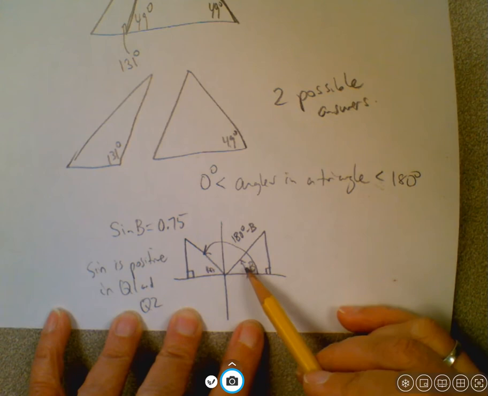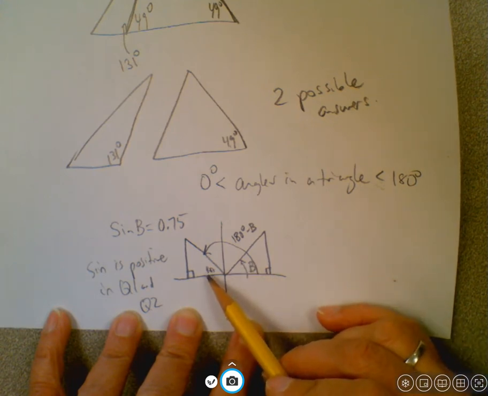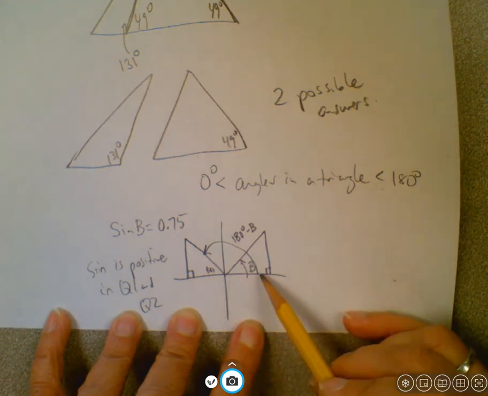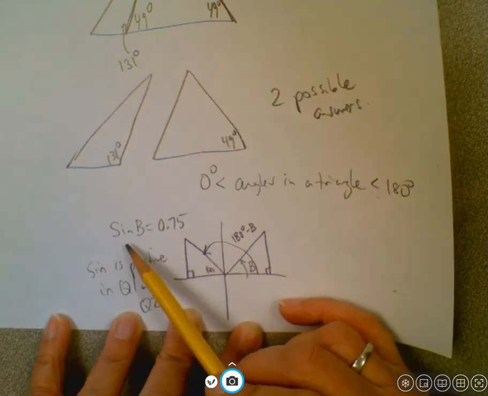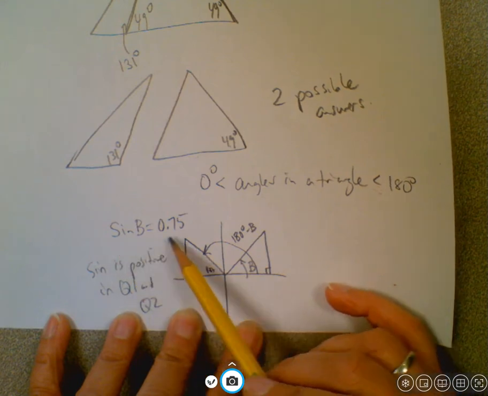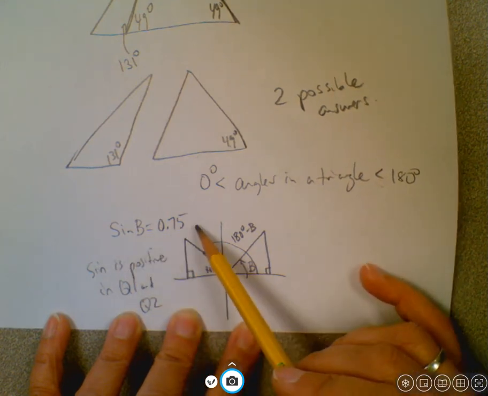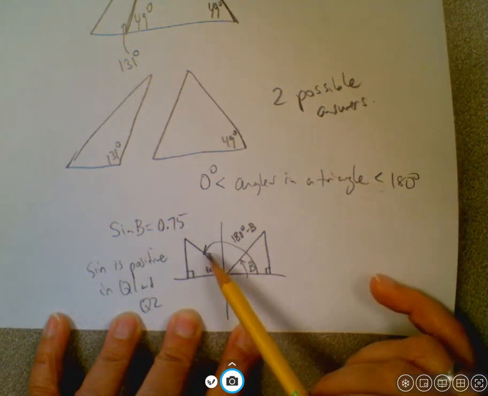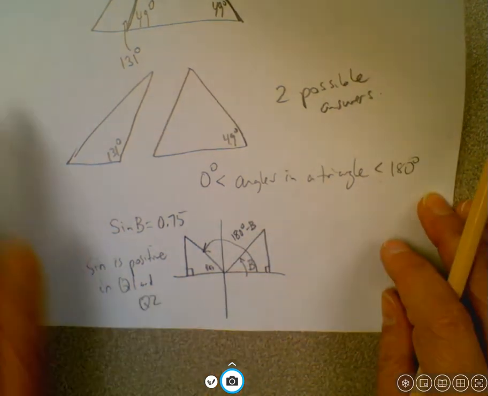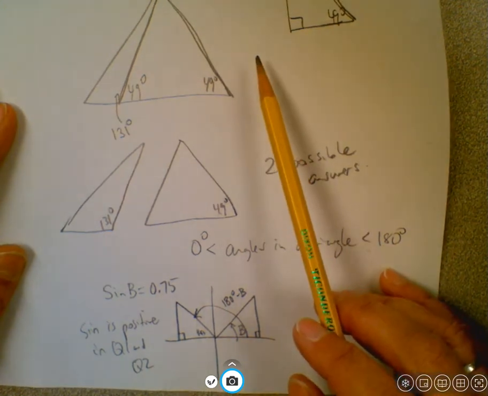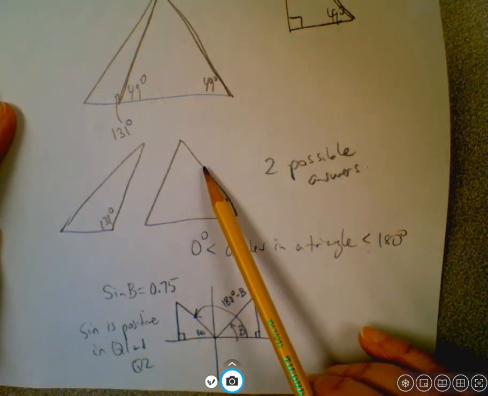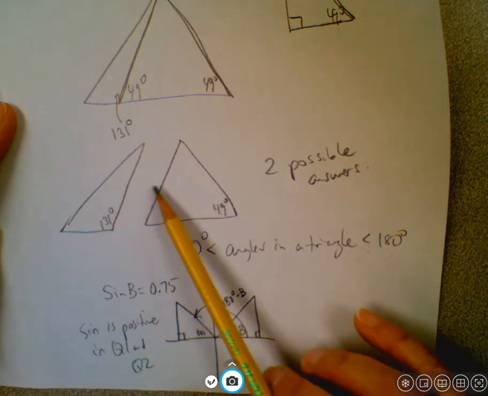The related angle is equal to B, it's over here. And so the angle in standard position is 180 minus what's over here. So two answers, remember, like we just finished all this. If somebody tells you sine B is 0.75, you have two answers. And that's the explanation of why you have this ambiguous situation. We're given the information, but we don't know if it's this triangle or this triangle.